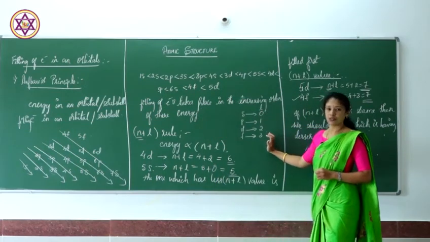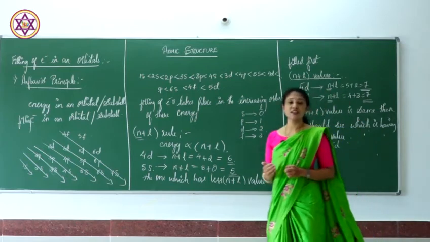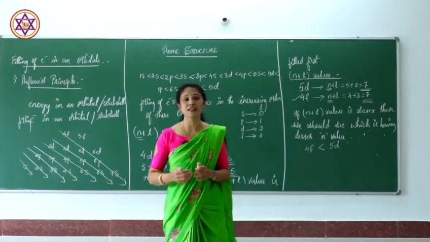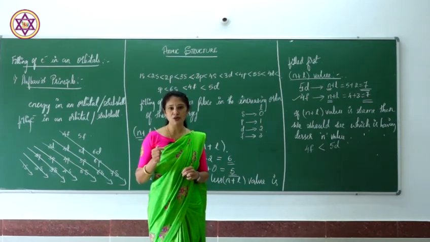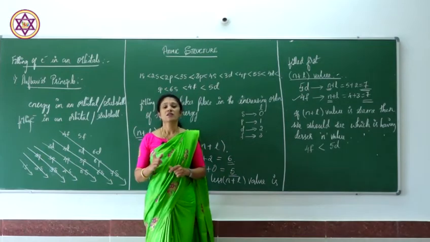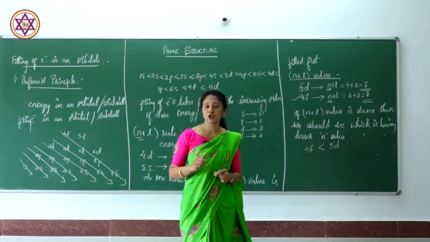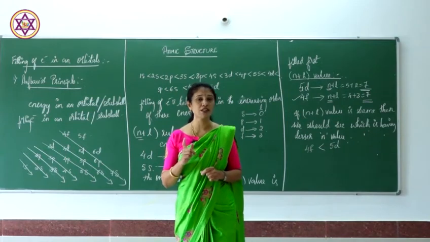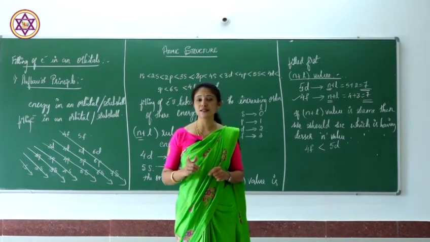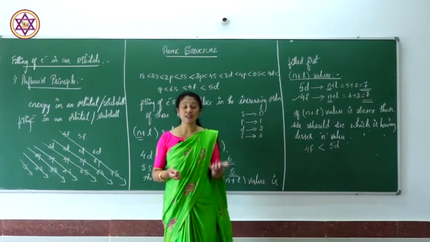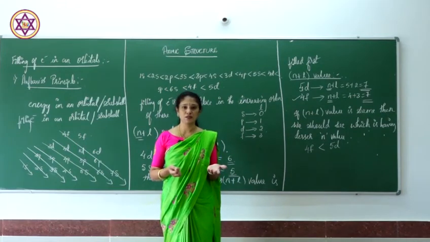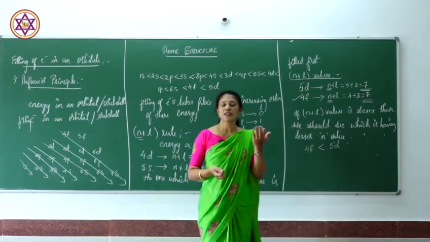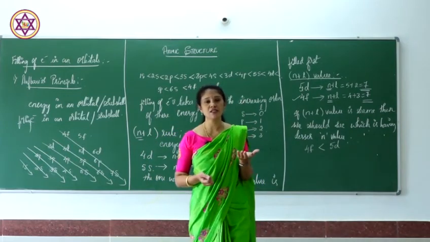There is an exception case to the Aufbau principle, that is in the hydrogen atom as well as the He plus ion and the Li2 plus ion. They are single electron species. I explained single electron species in the Bohr postulate: hydrogen, He plus and Li2 plus each have a single electron.